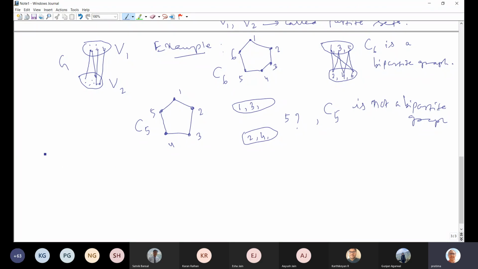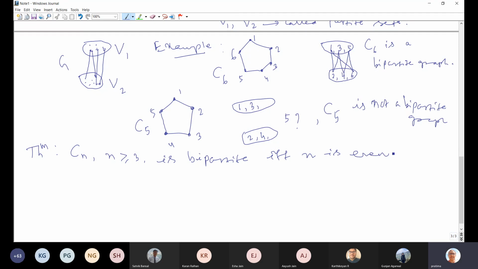Let us write this general result: for cycles, Cn, n greater than or equal to 3, is bipartite if and only if n is even.